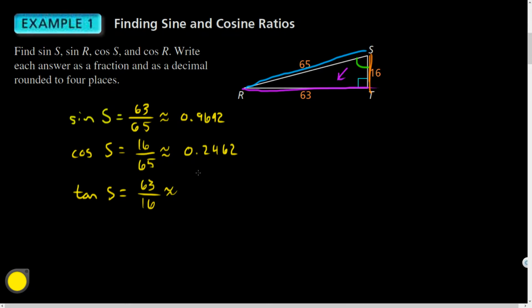And the tangent, since I had it here, I'll give it to you, was 3.9375. Now, as far as sine and cosine, notice that tangent actually has the ability of being larger than 1, but sine and cosine will never be larger than 1.